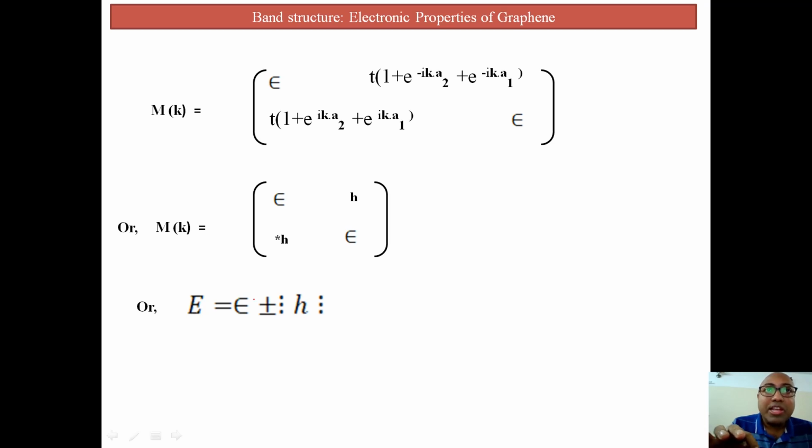And now you see epsilon plus minus magnitude of H, and if it is a complex number, how to find out magnitude, right? Under root x dot x bar. X bar is actually complex conjugate of these numbers. You will get all these numbers, and this is my eigenvalue.